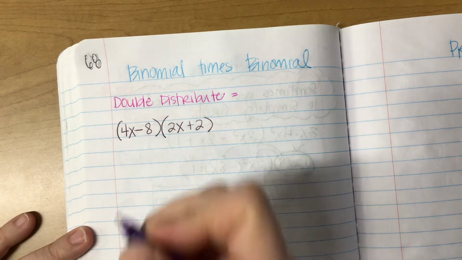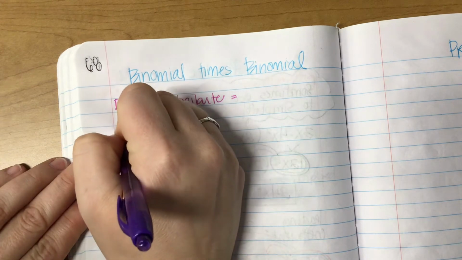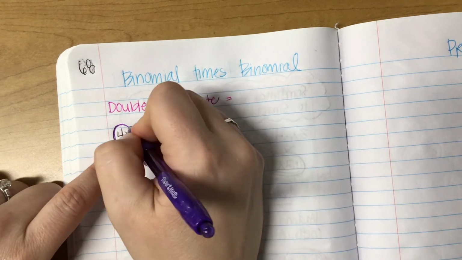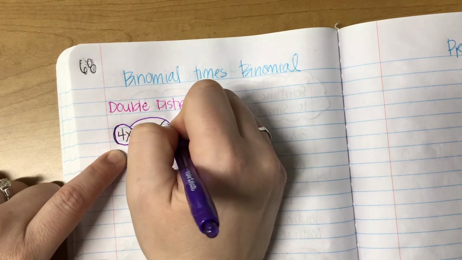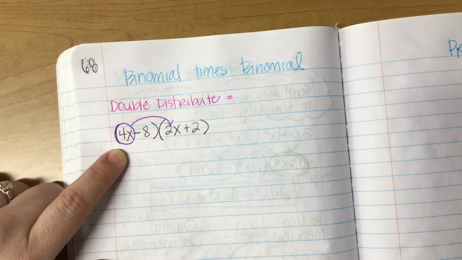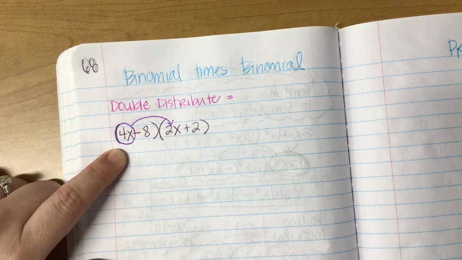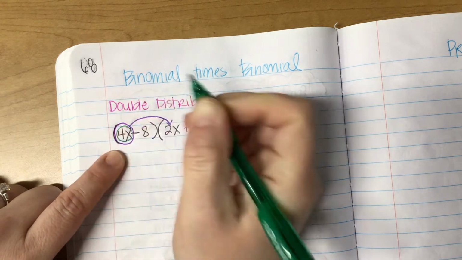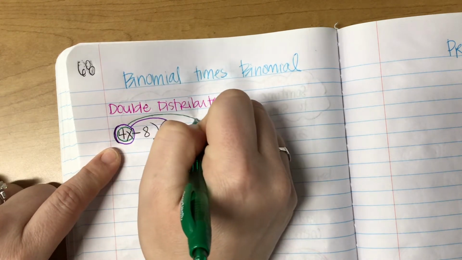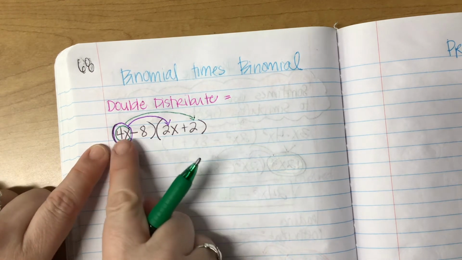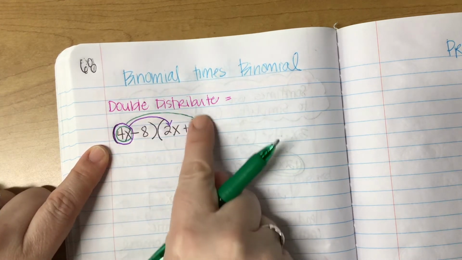What I do is I take this first term in my first binomial and I distribute it once, and then I go back to this first term, just like I would have done yesterday, and I distribute it again. So I take the first term and I distribute, boom, boom.